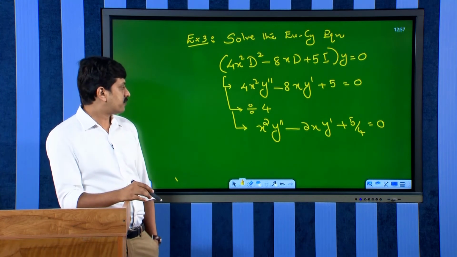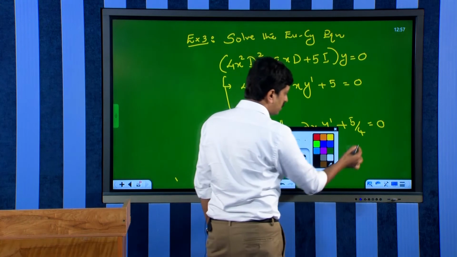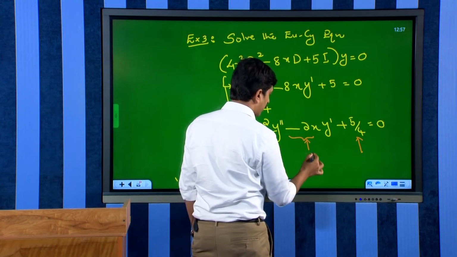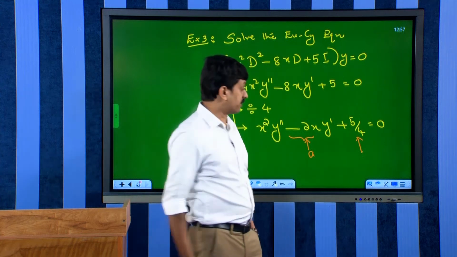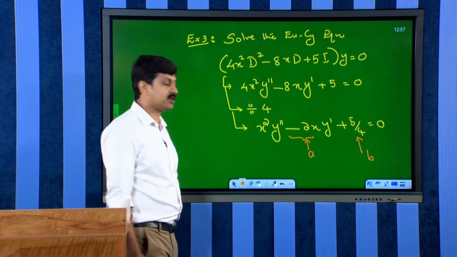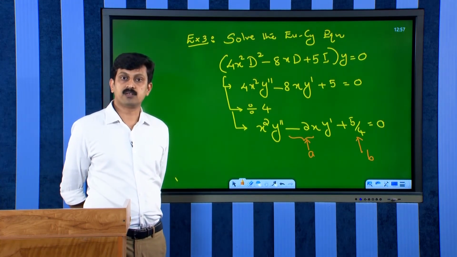Okay, fine. So, here we found the values. Now we got the general form. Minus 2 is the value of a and 5 by 4 is the value of b. Now, we have the standard form of the Euler-Cauchy equation.